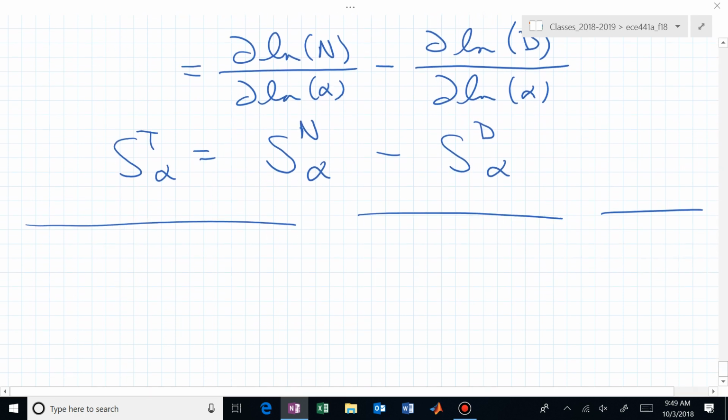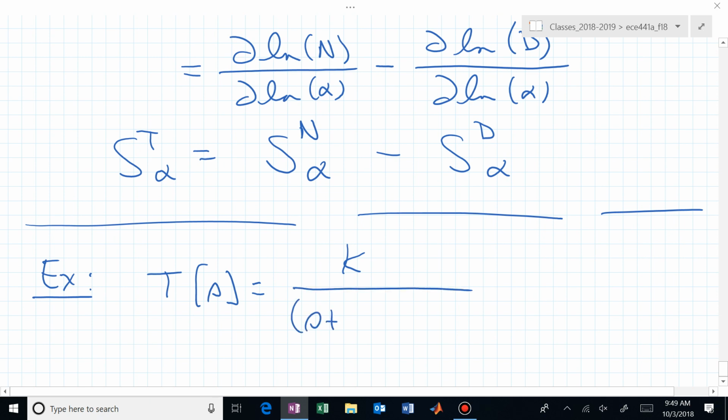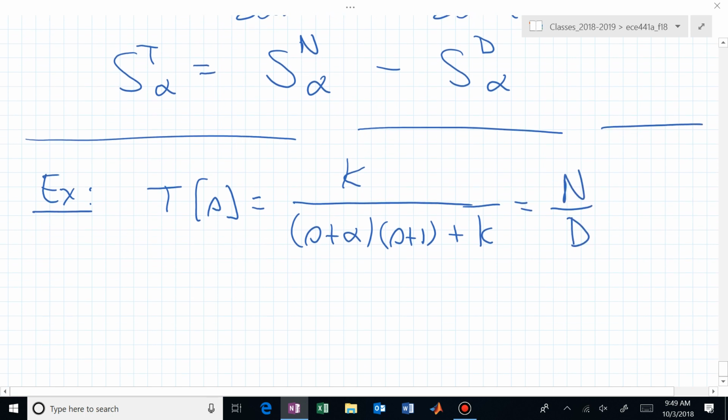So, here's what we're doing in that hour and a half. We're going to go back to our transfer function, T of S, which you've already derived. That was K over (S plus alpha)(S plus 1) plus K. That's just our numerator over our denominator. And compute that now using the sensitivity of T with respect to alpha.